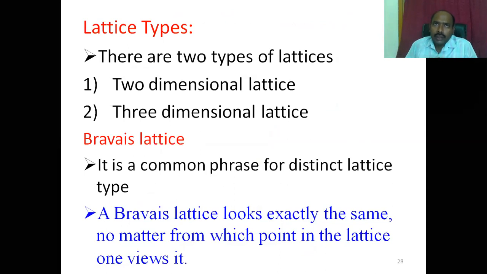An operation which leaves the crystal unchanged, appearing in a congruent way, that operation is a symmetry operation. The element about which the symmetry exists is called the symmetry element.